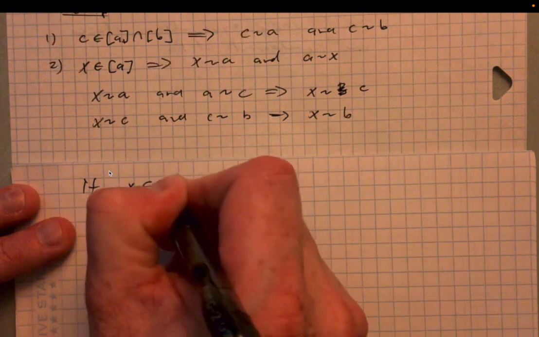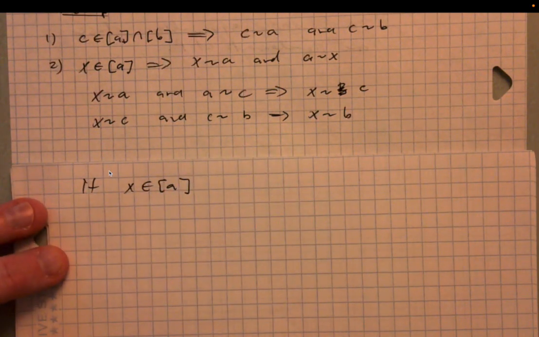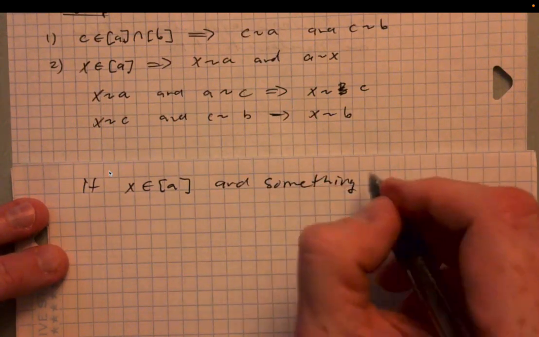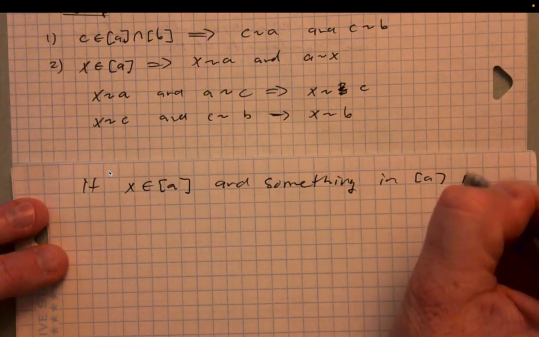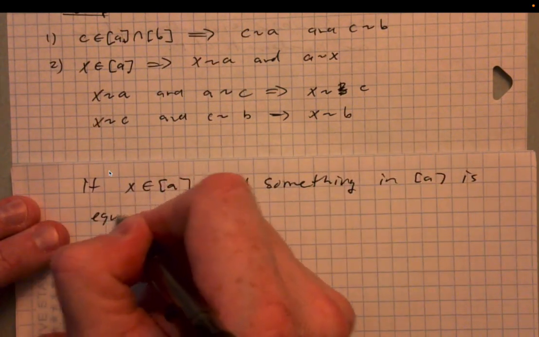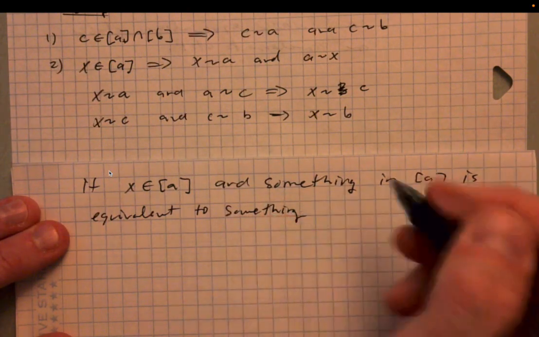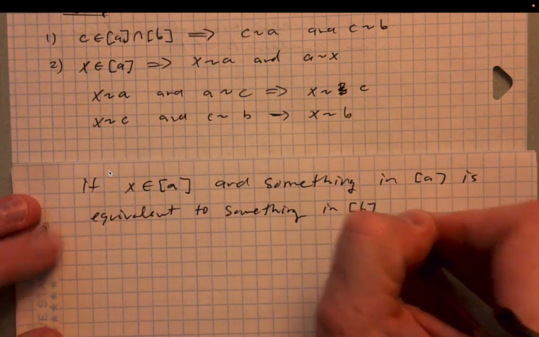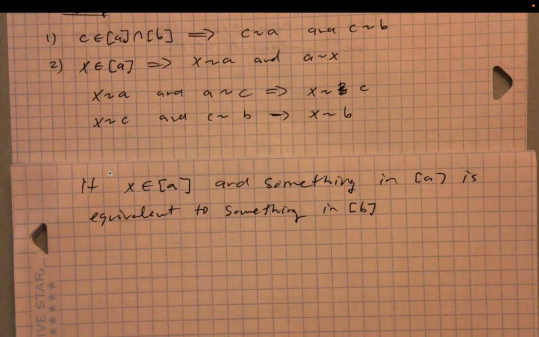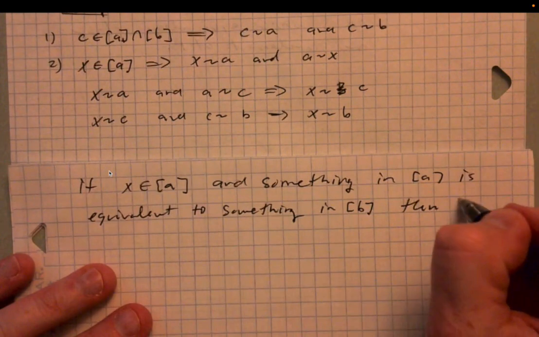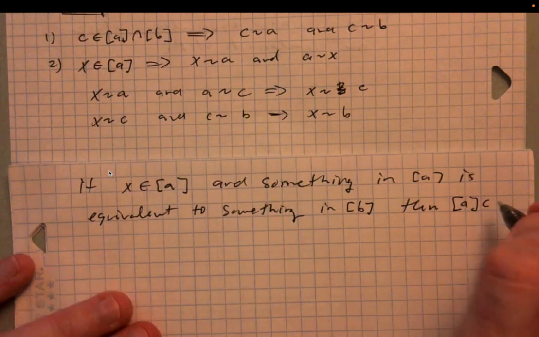So if X is in A, and something in A is equivalent to something in B, then it must be true that everything in A is equivalent to everything in B. And another way to say that is to say that A is a subset of B.